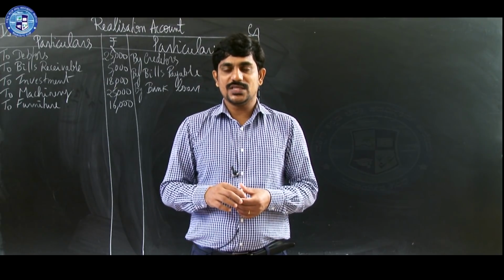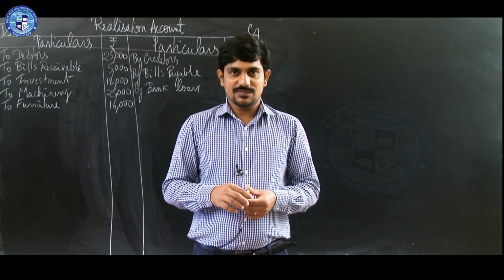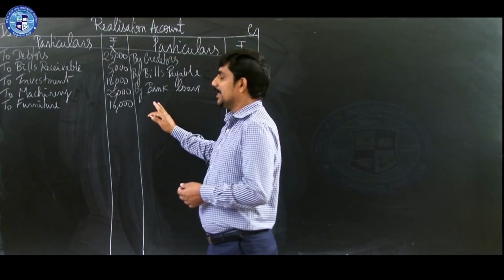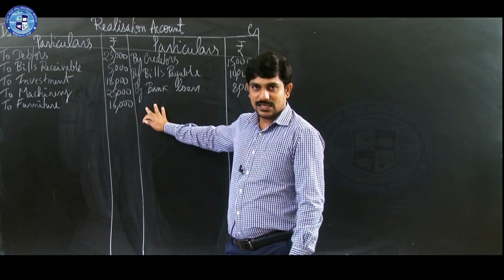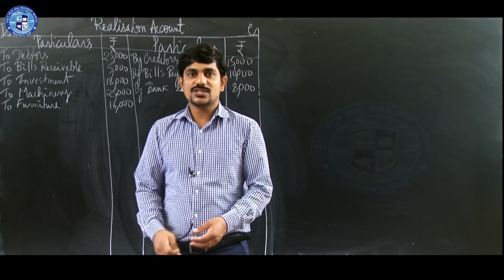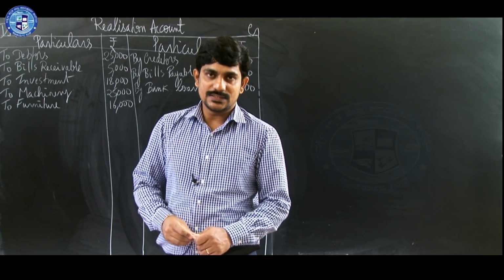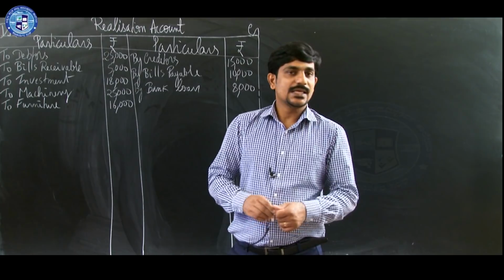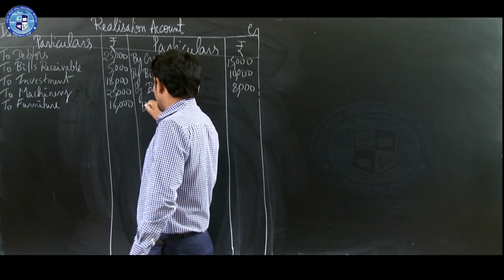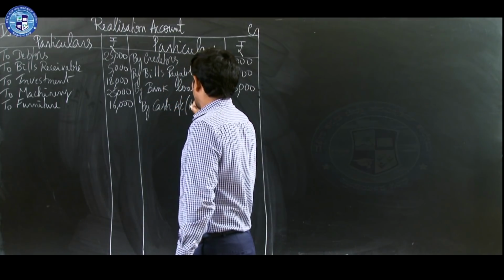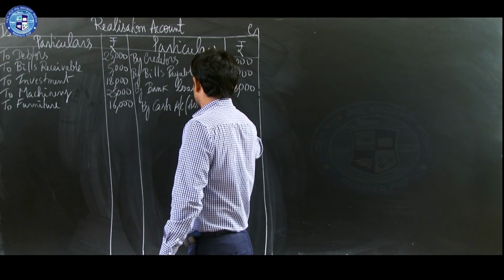So it is an income for the partnership firm. So assets realized is an income. So we need to record it under the credit side of the realization account. The entry will be cash account debited, realization account credited. So realization account is credited by cash account, assets realized.